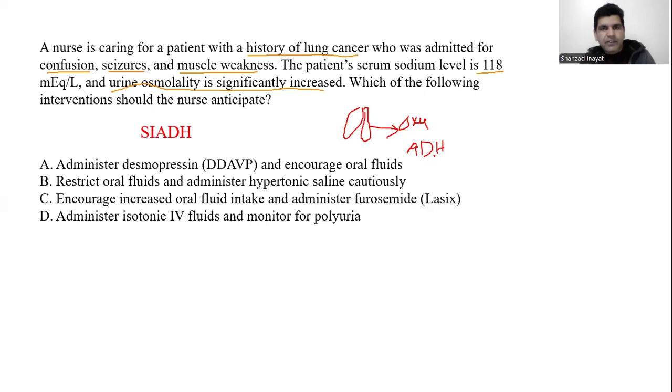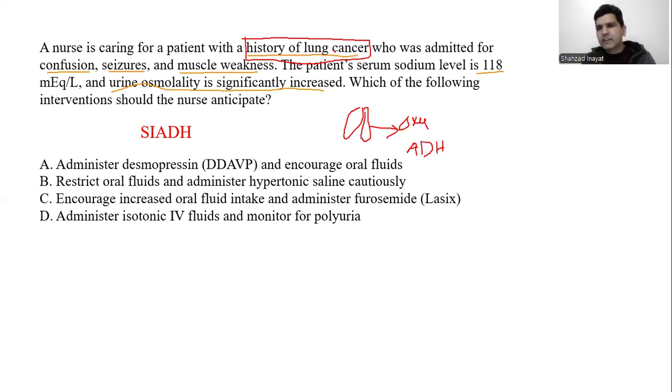releases. But in some conditions, as we can see in this question, there is a history. The patient is presenting with a history of lung cancer. In lung cancer, especially in small cell lung carcinoma, these cells have the capability to release ADH in excessive amounts.